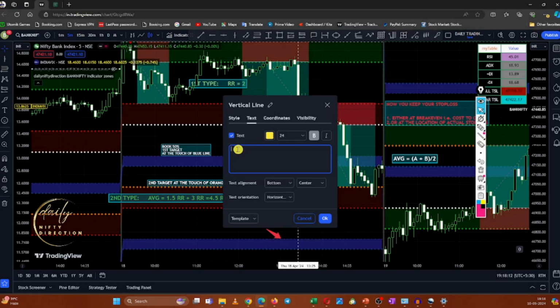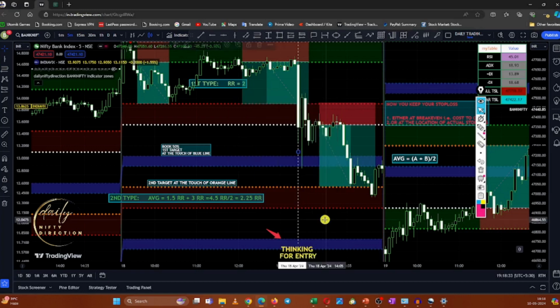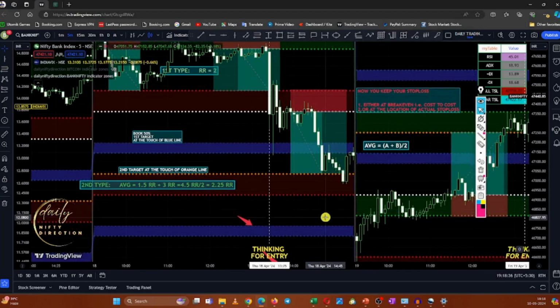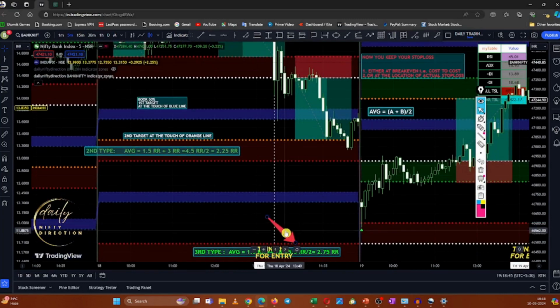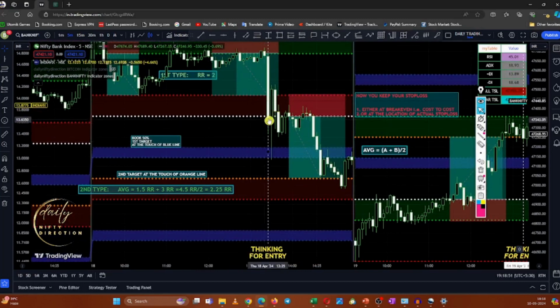Okay, so you are thinking for entry. Your actual entry is not at this candle. You are thinking for entry. For now, you are only thinking for entry, because it has closed below your zone.